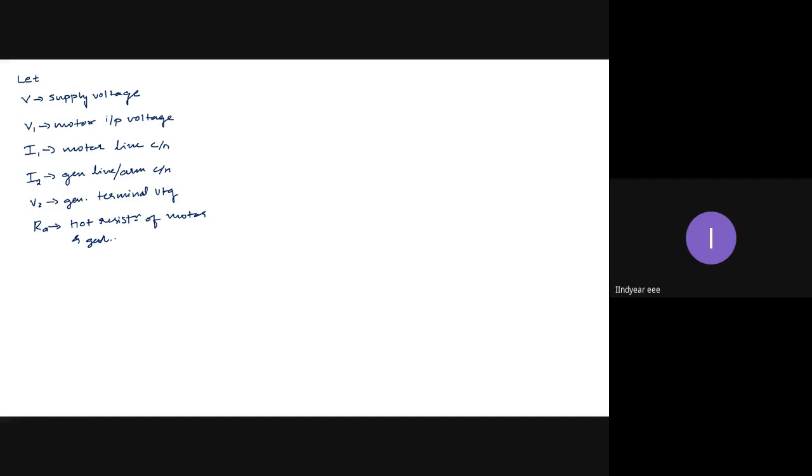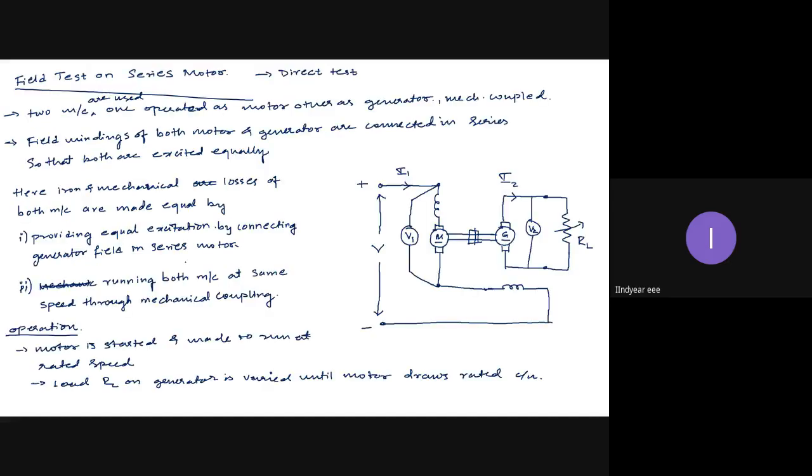So here what I can say is, what is the total input to the MG set? Line voltage is V volts, line current is I1. Is it? Yes or no? Yes, sir. The current drawn from the supply is I1.